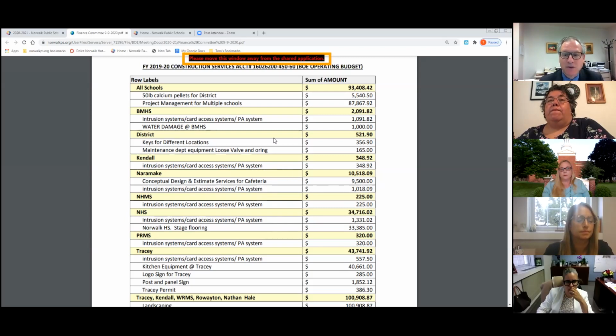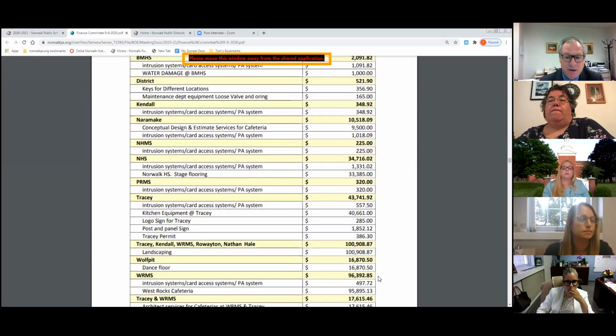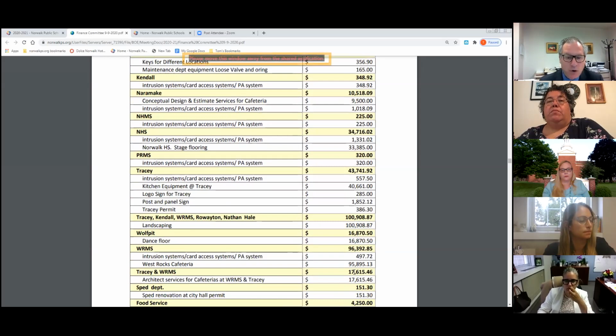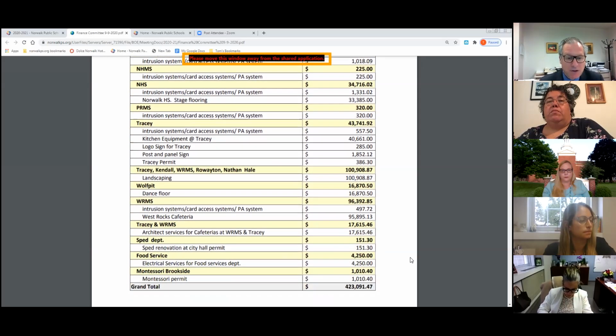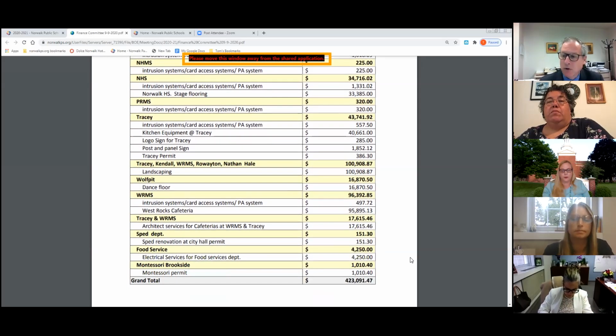You see some water damage repairs and landscaping work. The dance floor at Wolf Pit, which is part of the move ultimately to an arts magnet school there, was the intention, and some work at the West Rocks cafeteria. So I think that's the bulk of it there.